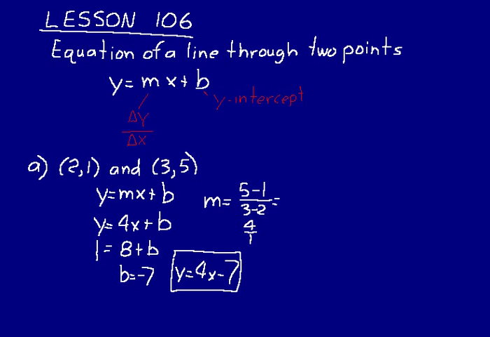Now one thing you need to be real careful of when you're substituting your xy pair in to solve for the y-intercept is that you do substitute x in where x goes and y in where y goes. Now in our equation, y is first, but in the ordered pair, x is first. A lot of times people will just go x down to the y and then y over to the x because they're in the same order.